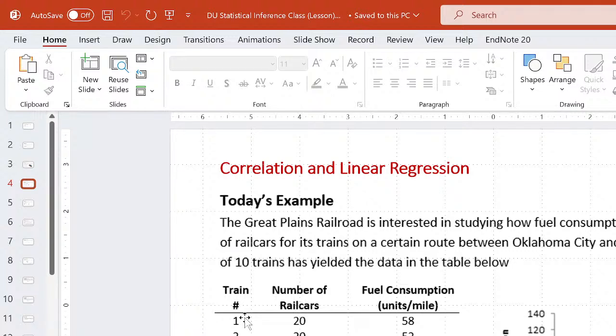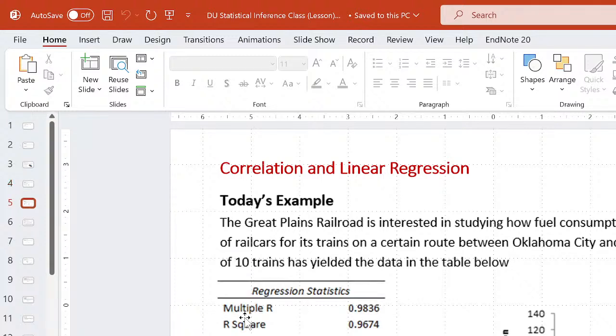What I want to do quickly is compare the data set on here to what's on here. Oh, good. Yes, that's the most recent one. That was produced by Excel, right?